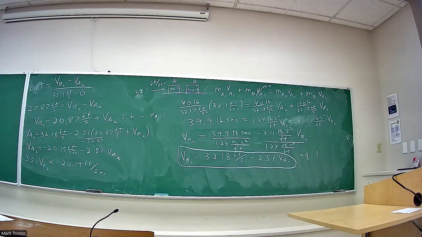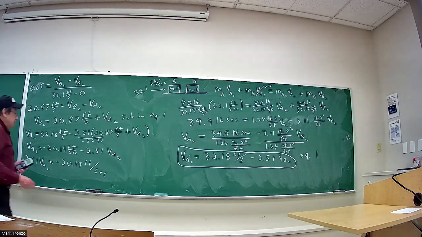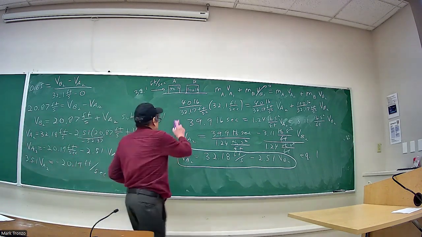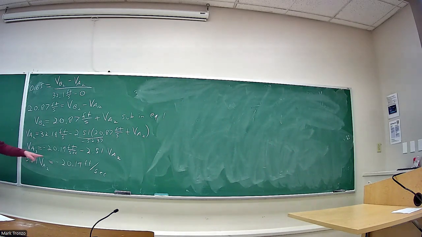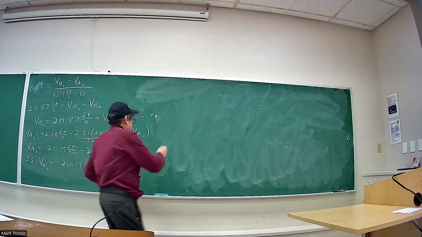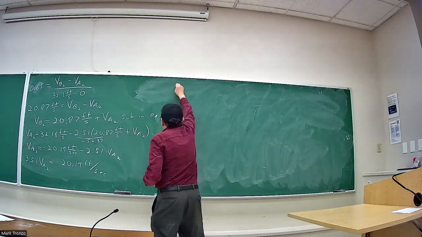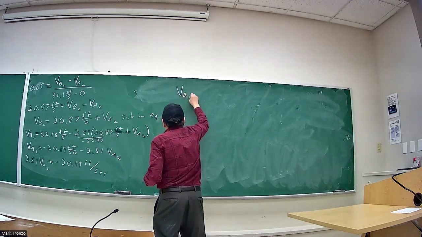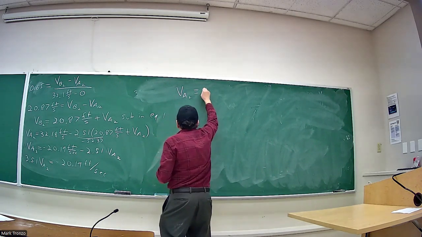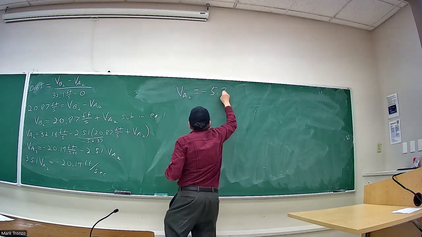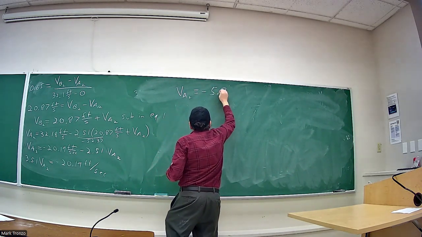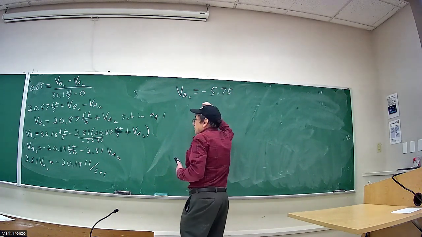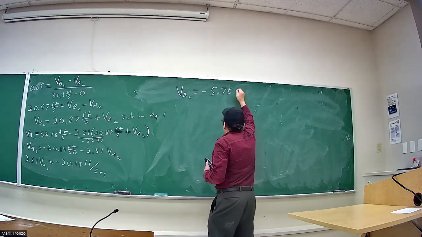And we divide that by 3.51. We're going to get the final velocity of A. So we divide minus 20.19 by 3.51, and the final velocity of A is going to be minus 5.75 feet per second.